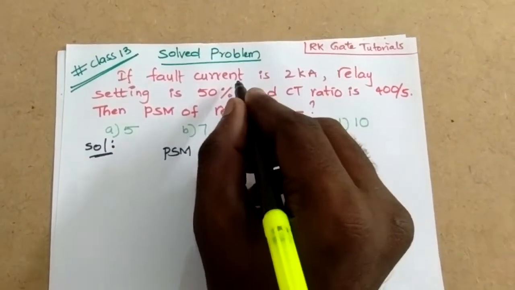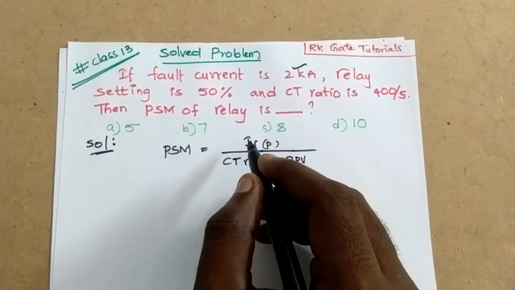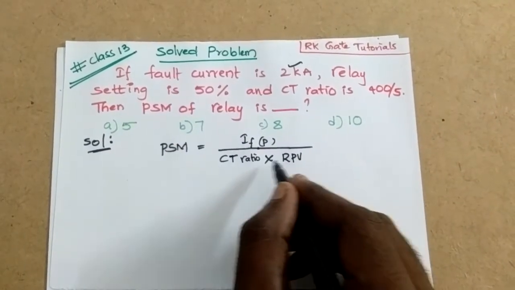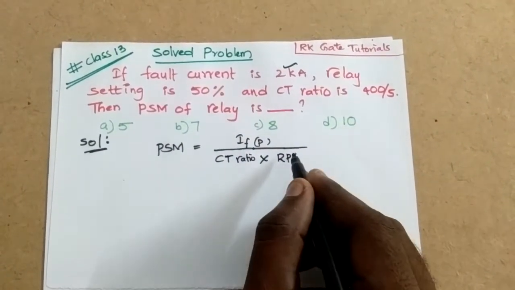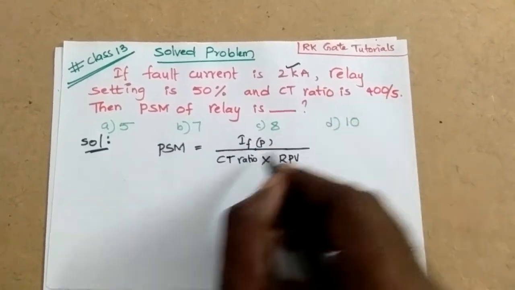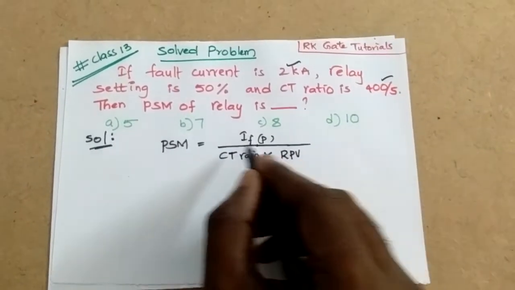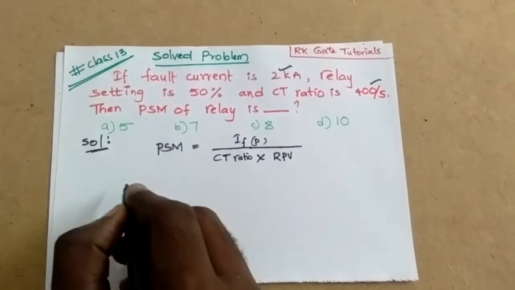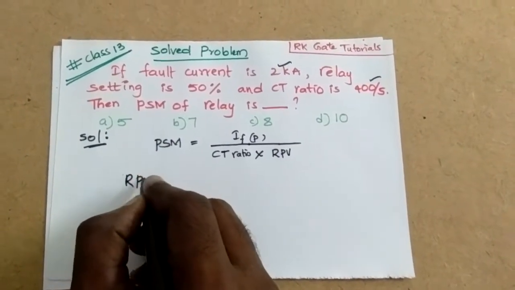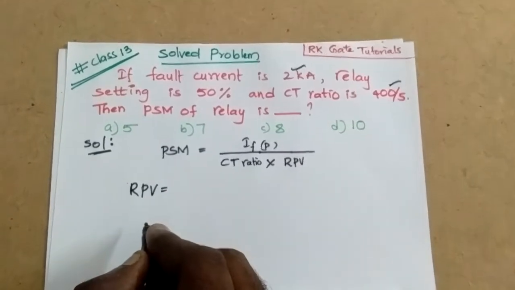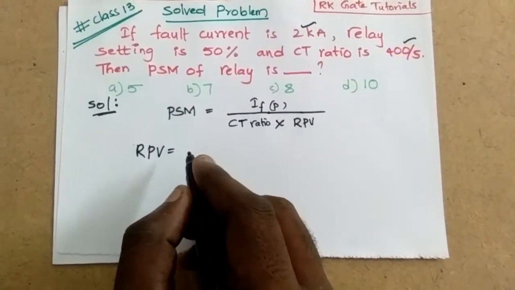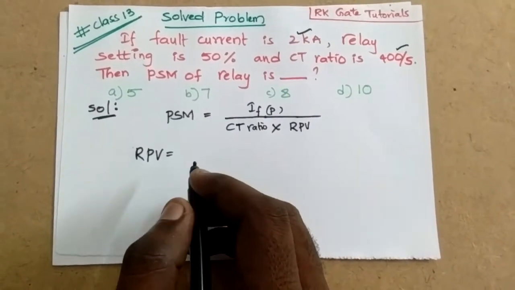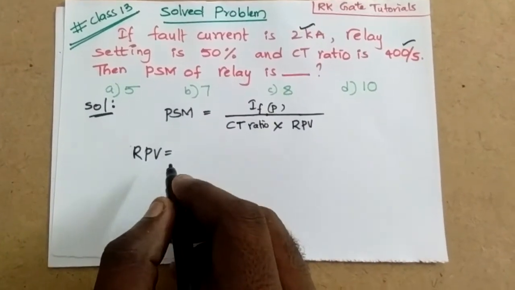Here the fault current is given and the CT ratio is given clearly, but the relay pickup value is not given, so we have to calculate RPV first. What is the relay pickup value? It is the value above which the relay is expected to operate. It is also a current.